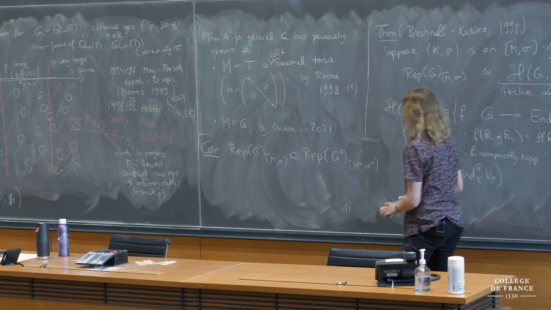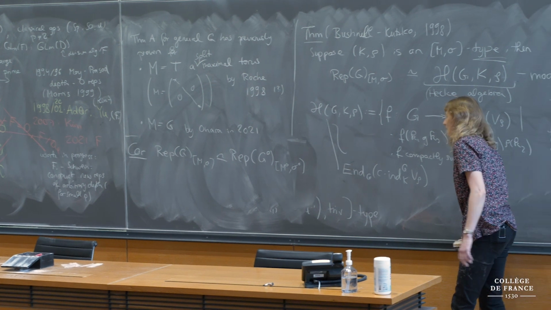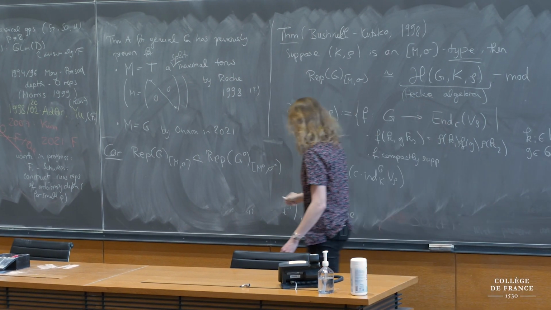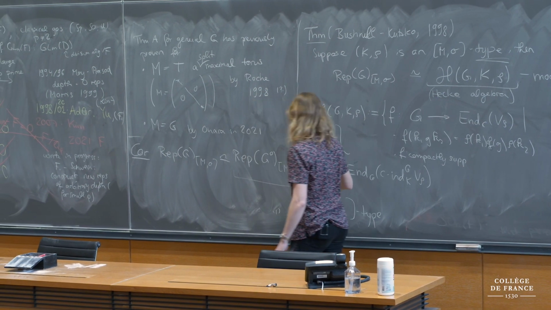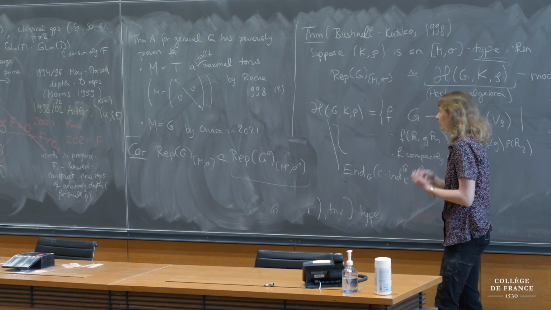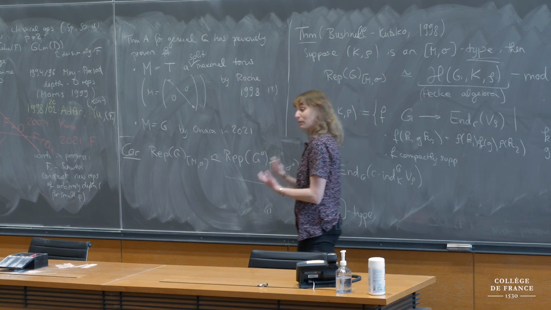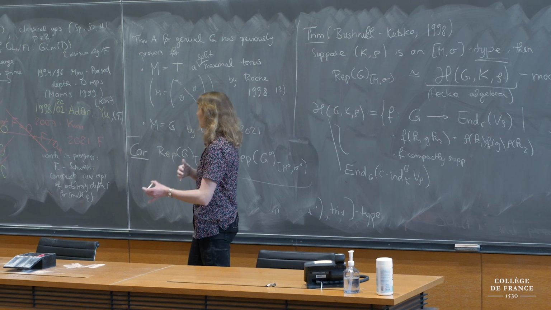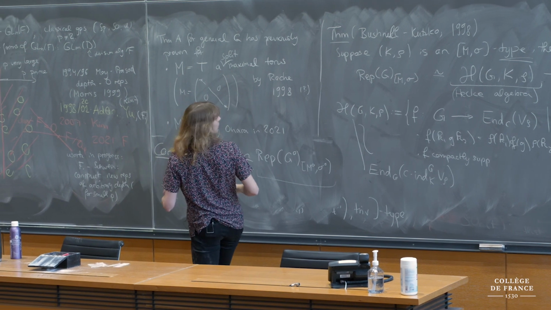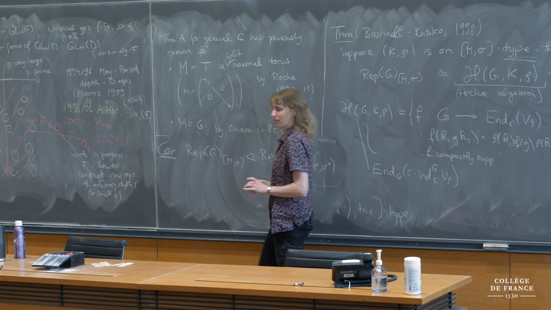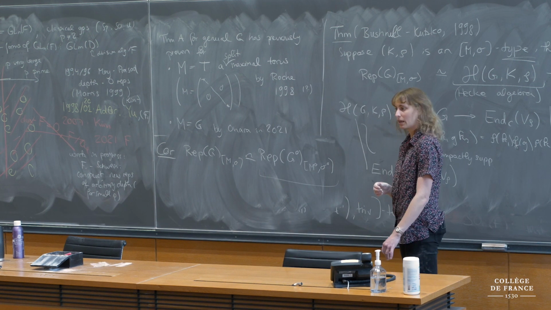And therefore, a lot of questions can be reduced to depth 0 questions. This is something that we will also try to study a bit in the course. So I will define for you depth 0 representations explicitly and tell you what I mean by they correspond. I guess it got erased that they correspond to representations of finite groups of Lie type.